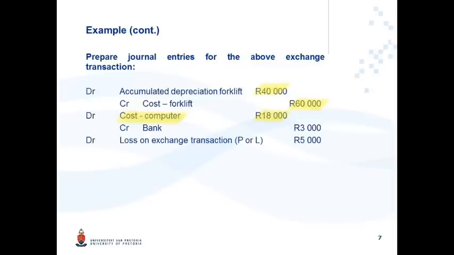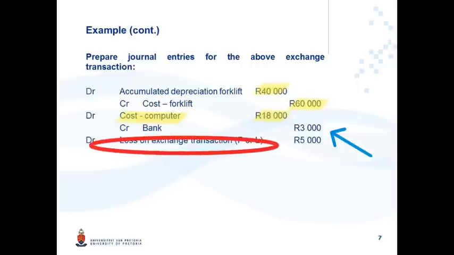Very important, don't forget about this 3,000 amount. You've given away some of your cash, so you have to credit your bank with the 3,000. And then you end up with a balancing entry, loss on exchange transaction, profit or loss, 5,000.